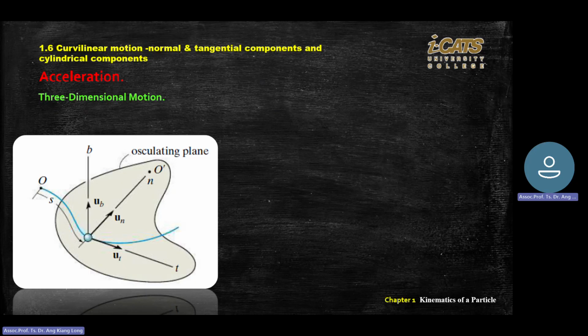This stiff finger, this finger is the normal direction, right? If I put it on my body, I'm the object and I move on the curve. Let's say I move in this curve like this.